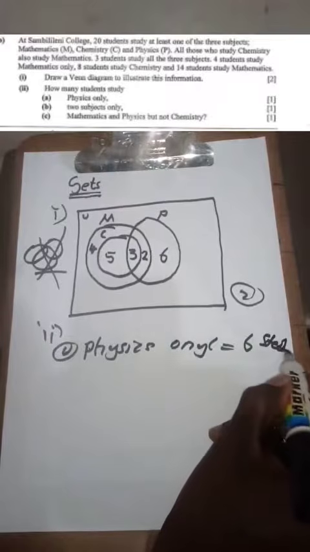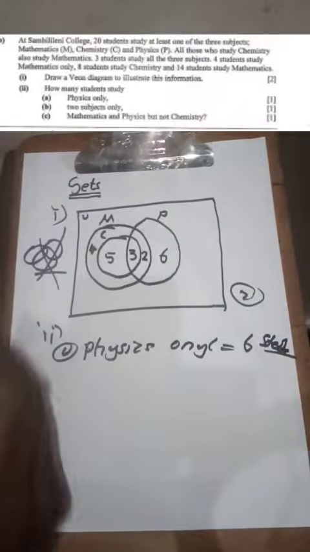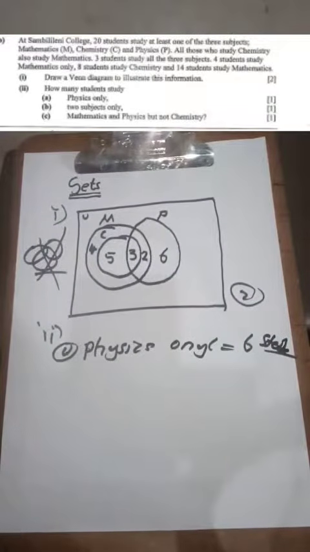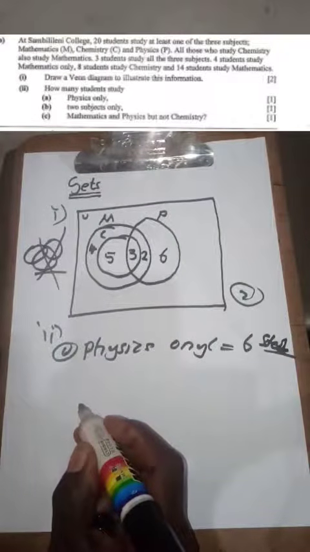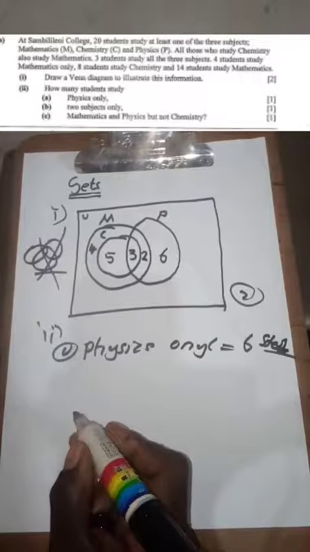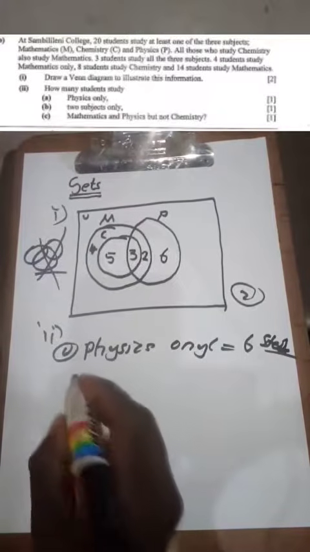Don't just write 6. You don't know, maybe you're talking about £6, $6, 6 kwacha if you are Zambian, or maybe 6 mangoes. In this case, we're talking about students, hence we need to be specific to say we're talking about students. Hence you write 6 students, and it's 1 mark.